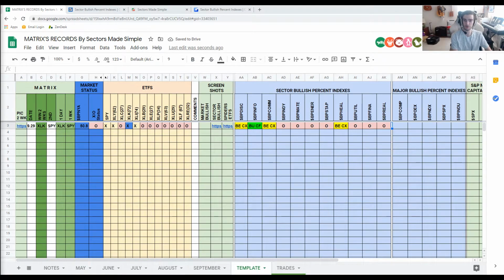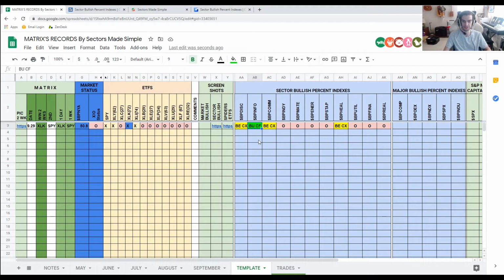So to go through this again, we look at the sector bullish percent indexes because this is our 500 S&P 500 companies. The percent of those that are on a buy signal. So when we're looking at this, we want to see bull confirms, which is why it's green.